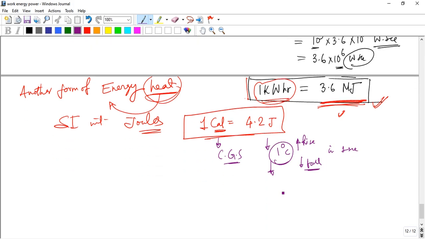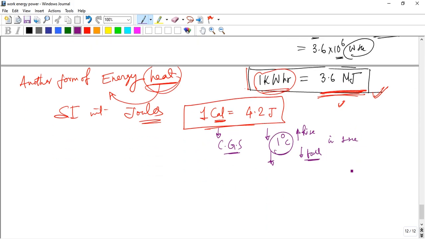That is class 9 physics. Here is just the basic idea. If 1 degree centigrade rise means the temperature rises, heat is absorbed, so 1 calorie of heat is absorbed.